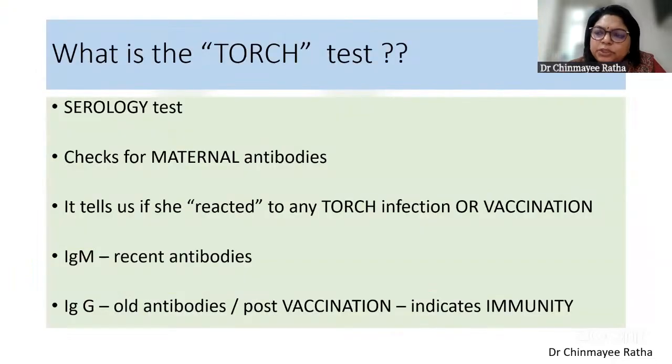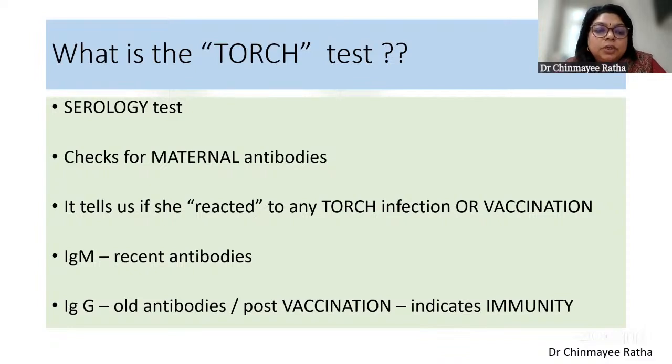So when we do the TORCH test, which again is a source of a lot of confusion amongst obstetricians and pediatricians, we thought we will address this topic because the TORCH test that is always done is a serology test and it tests for the maternal antibodies. Antibodies are products that are produced in the body after an infection is present in the body, and I am getting a call from someone, but I can't take it now.